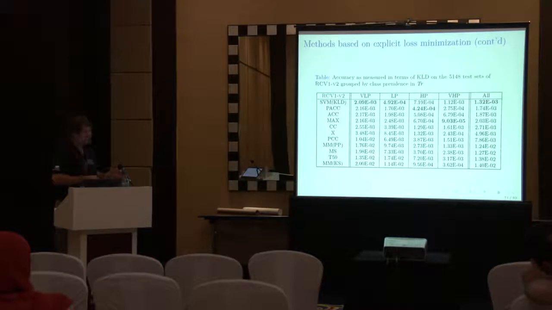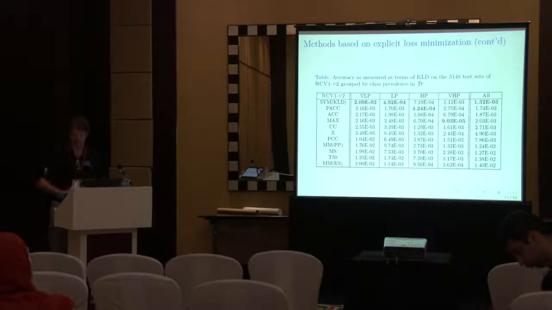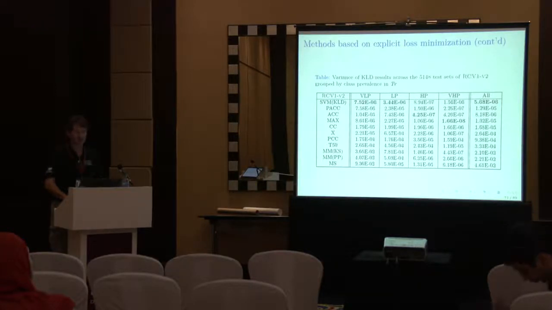So here we are looking at classes which have very low prevalence, and here instead the very frequent classes. If you have a data set which is varied enough, you can do lots of different tests and lots of different ways of chopping up the results and studying the individual cases.